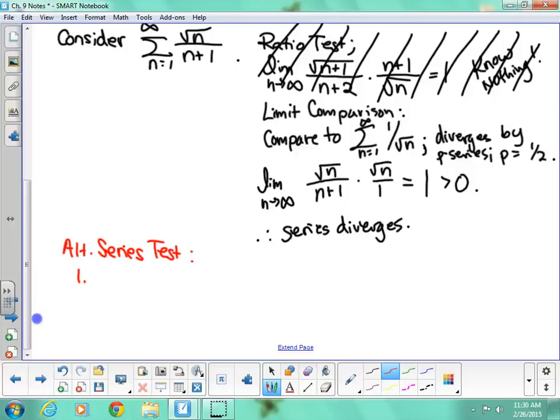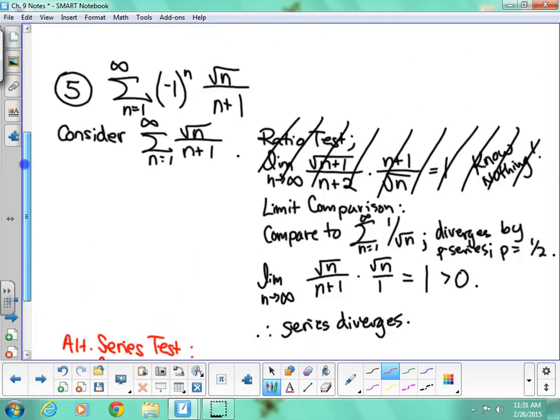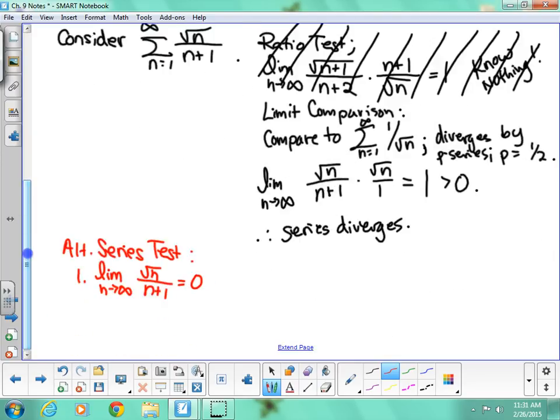So then the limit as n goes to infinity of root n over n plus 1 equals 0. Check. And then a sub n plus 1 equals square root of n plus 1 over n plus 1.